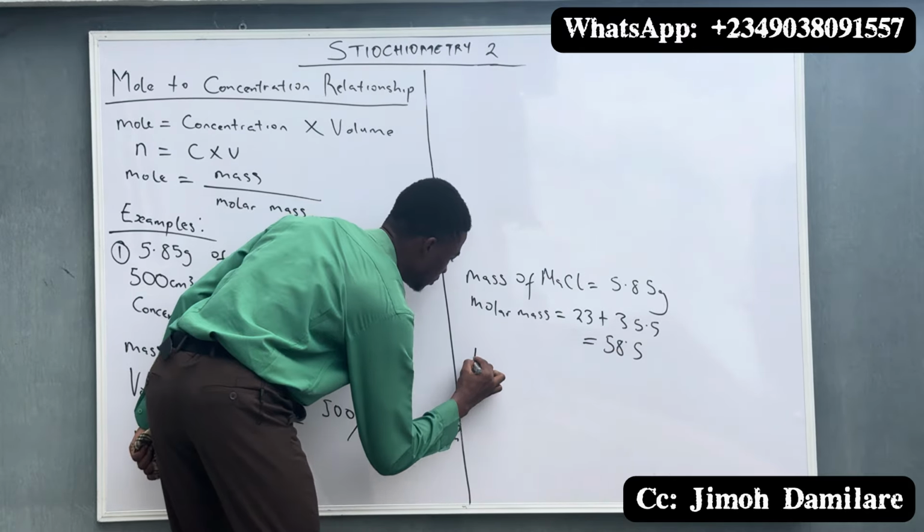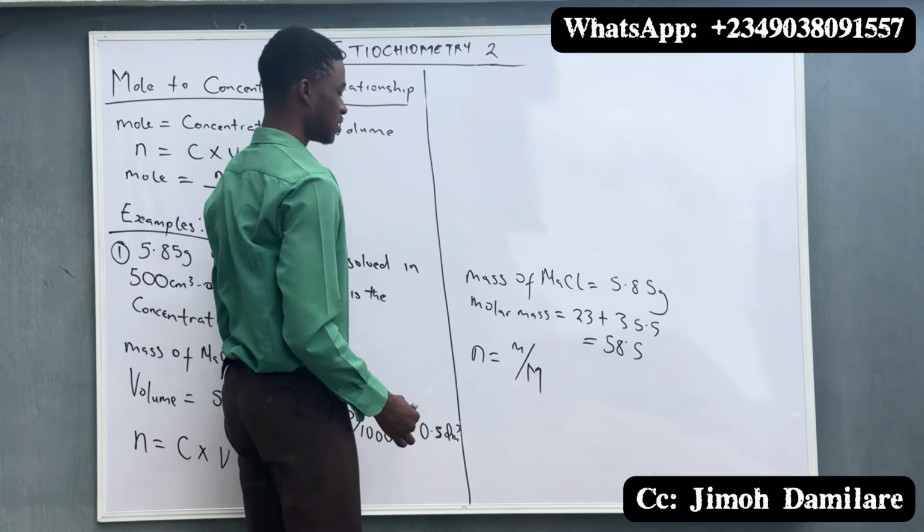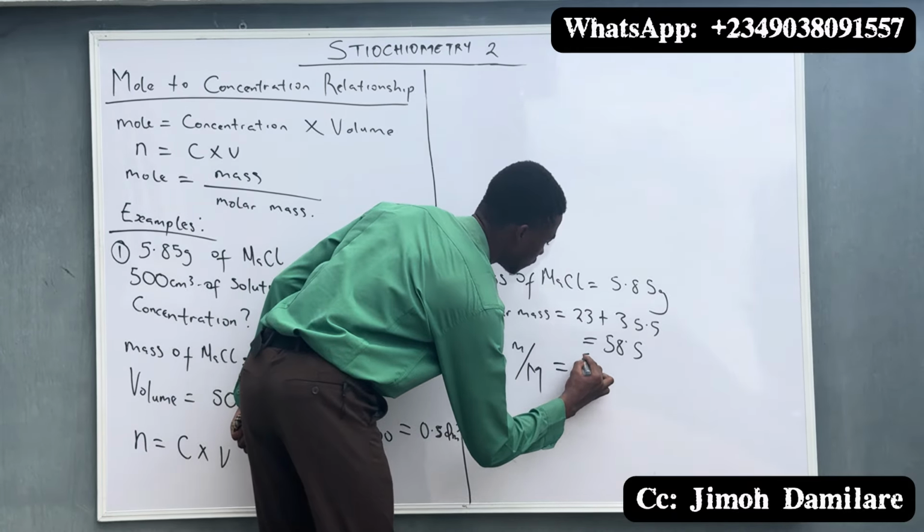So when you use our formula, N equal to small m, which is mass, over big M, which is the molar mass, we are going to have, what is our small m?